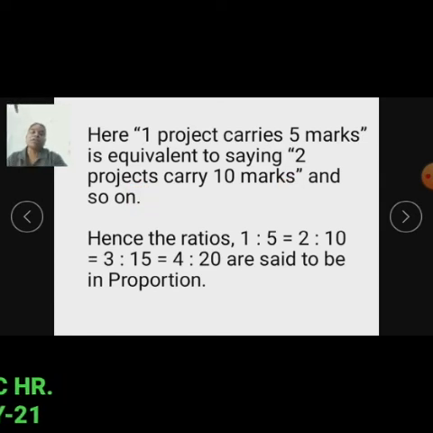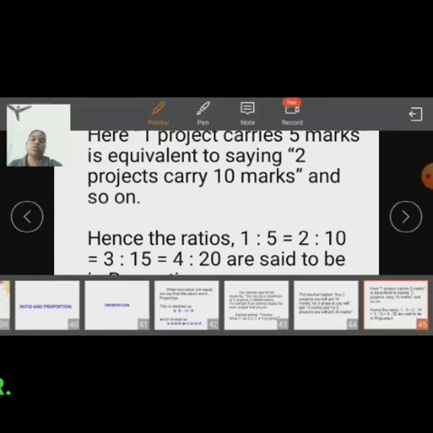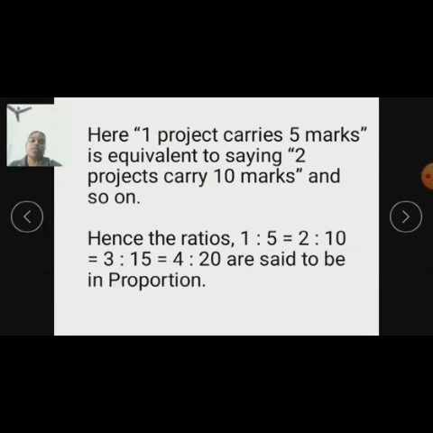Here 1 project carries 5 marks is equivalent to saying 2 projects carry 10 marks, and so on. Hence, the ratios 1 is to 5 is equal to 2 is to 10 is equal to 3 is to 15 is equal to 4 is to 20 are said to be in proportion.